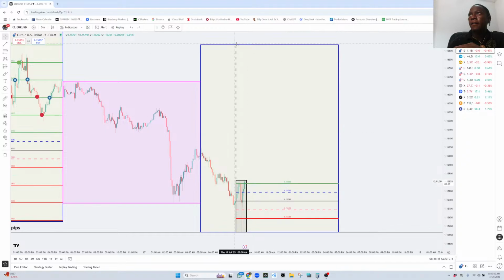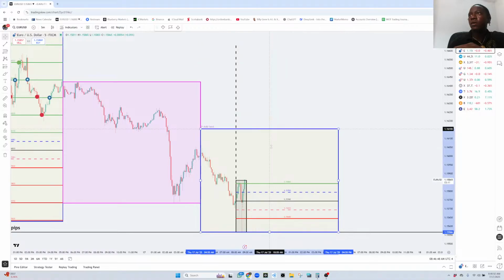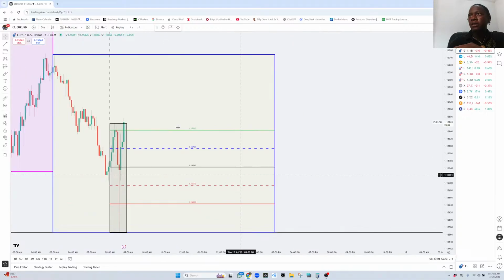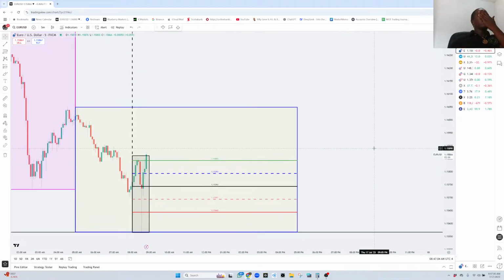And I used this one from yesterday so I could put it closer to where price actually is at. You see, it went to grab liquidity and pushed back up. And then I'm gonna go ahead and identify what my trade is based off.